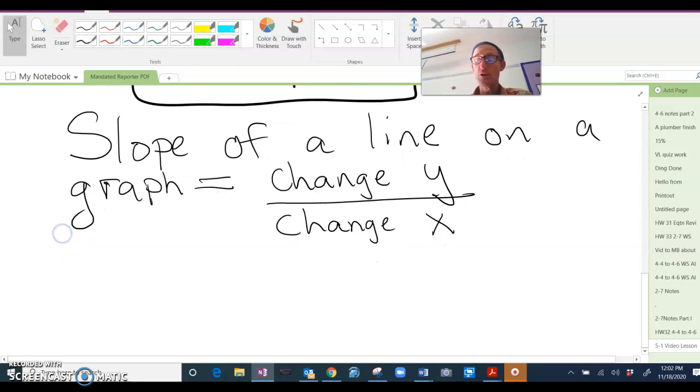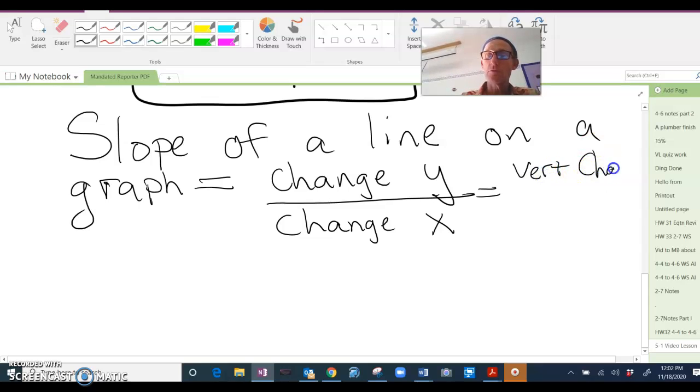So in order to find that, it's going to be the vertical change, the up and down change, over the horizontal change.